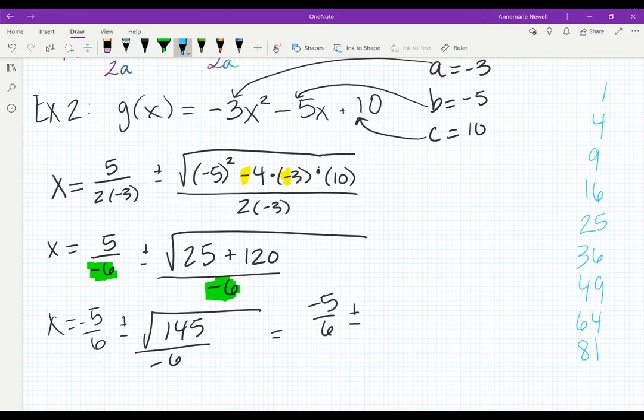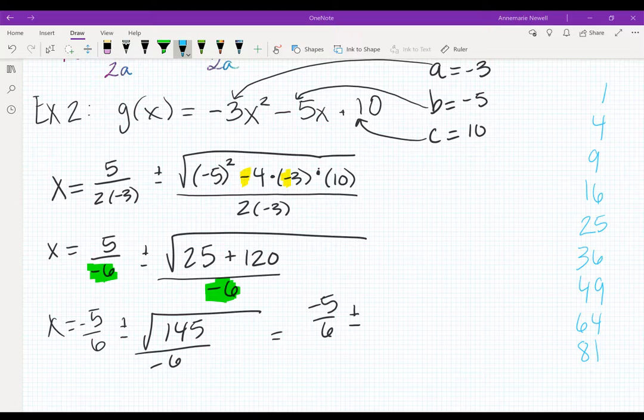Nope. 9. I don't think so. Let's check. 145 divided by 9. Nope, that's not right. 145 divided by 16. Nope. 145 divided by, what's after 16? 25? Oh, no. 145 divided by, what's after 25? 36?